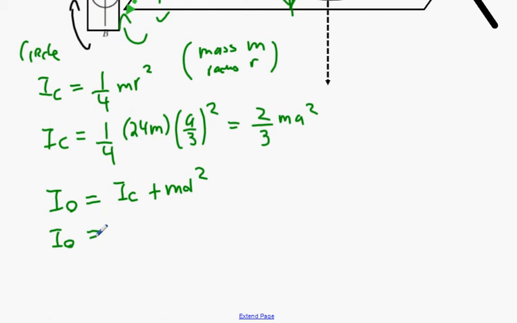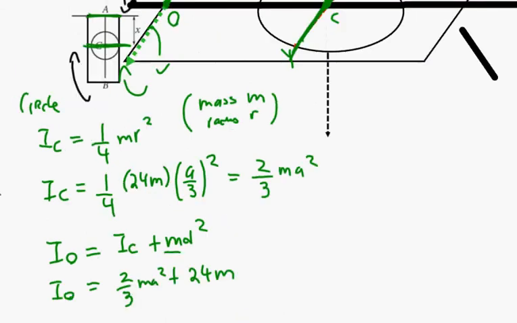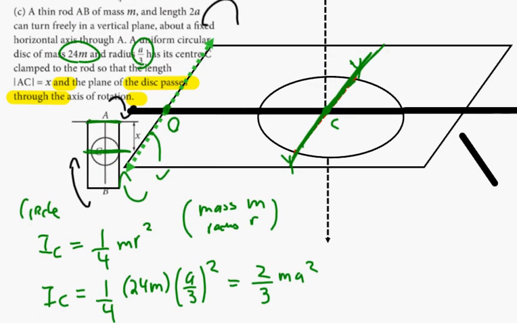IO equals my 2 over 3 MA squared plus, what's the M value for this object? 24m. What is the distance between my two axes? Distance x, as shown on the diagram. Oh, the distance from my top line to my line going through the center of the circle.